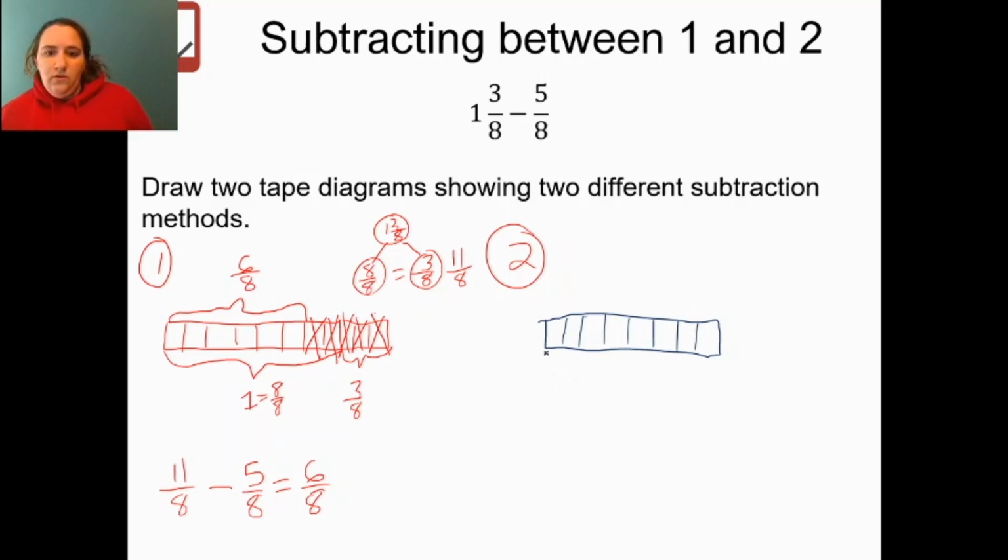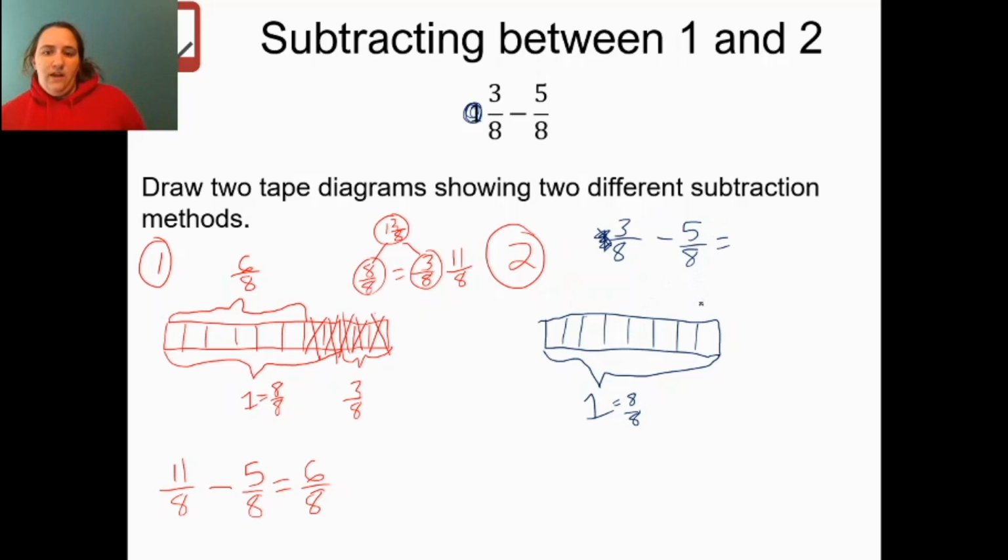And so I know this is my whole, or 8/8. So I've already dealt with my 1, which I'm going to rewrite over here. Okay, so I've already gotten rid of my 1, so I don't have to worry about that anymore.